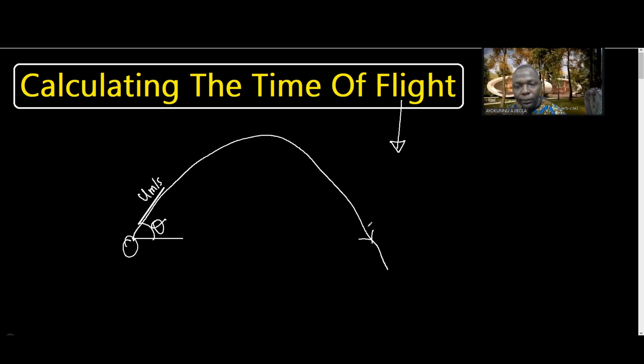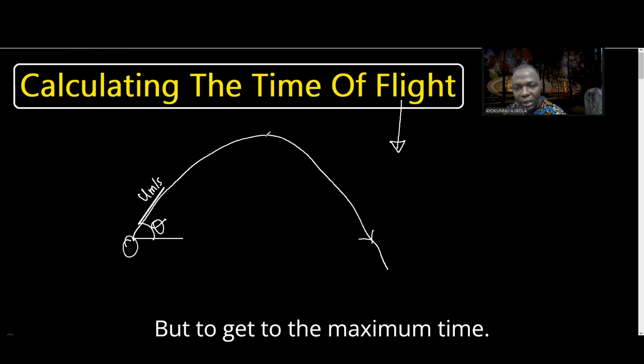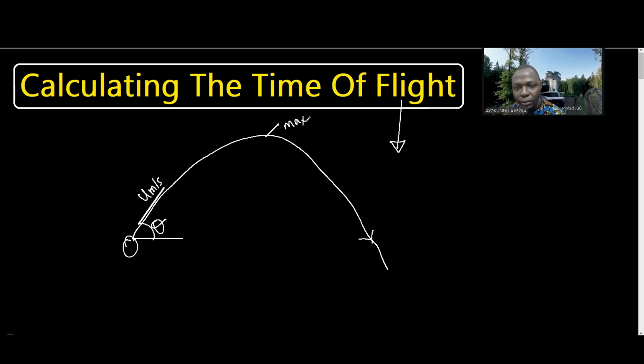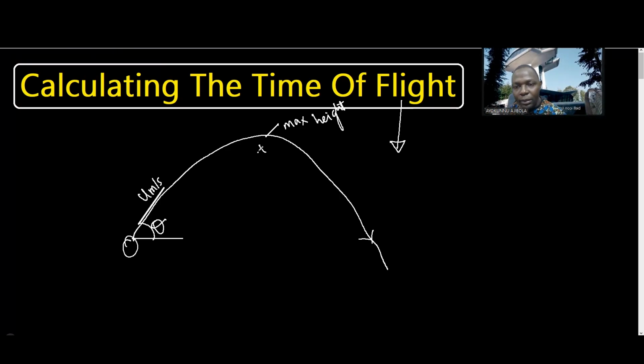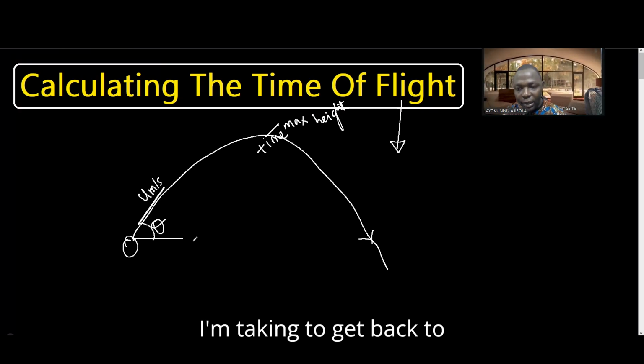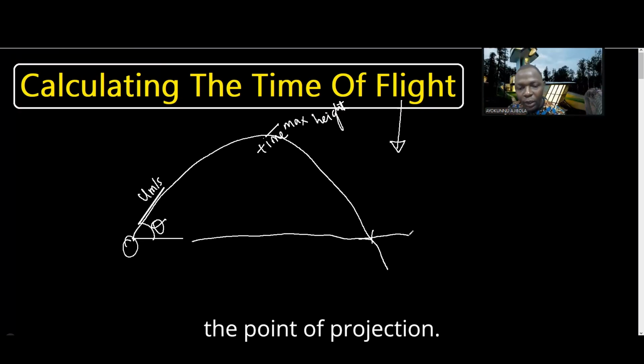Then there is a particular time taken for the object to get to the maximum height, so time taken to the maximum height and time taken to get back to the point of projection.